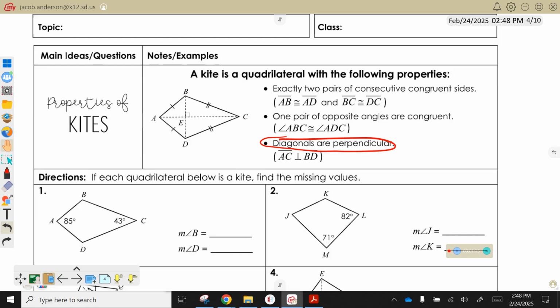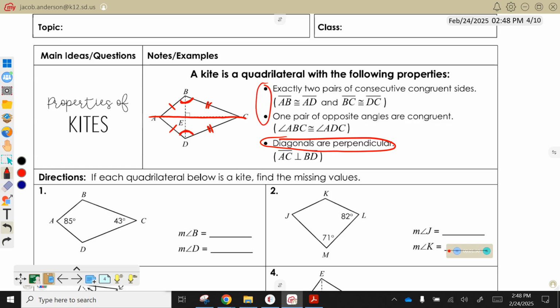It's symmetrical on the obvious line, here we go, this line here. So everything on one side is exactly the same as everything on the other side, meaning this is congruent to this is congruent to this. You have this full angle here that's congruent to this full angle. That's basically everything that it's mentioning right here.